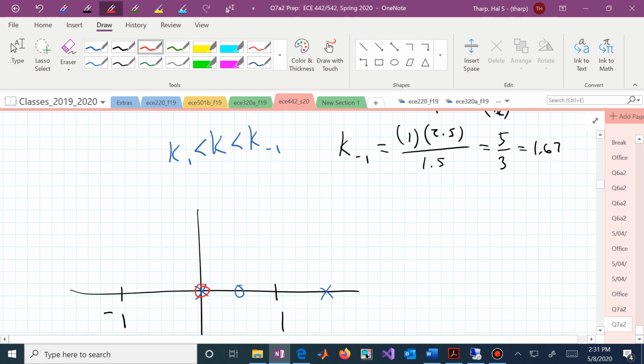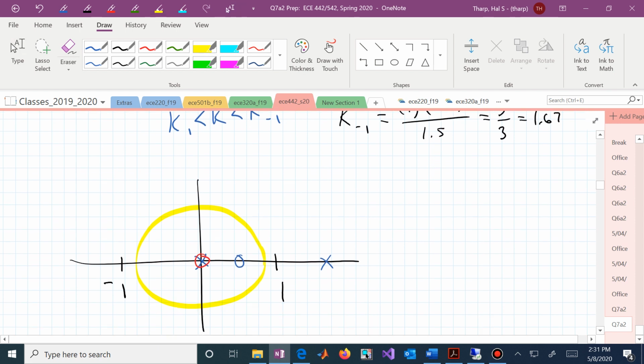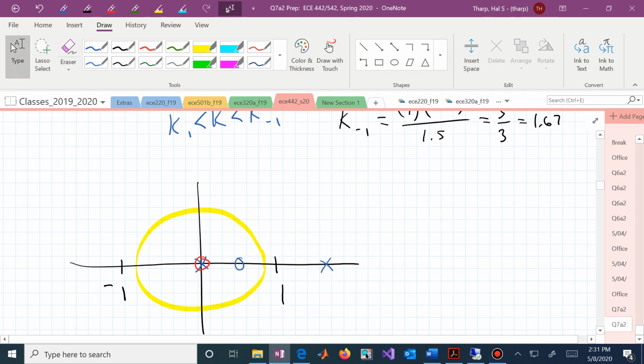We can cancel poles and zeros that are inside the unit circle, and usually we want them to be within a fair distance within the unit circle. So now let's say, okay, we're going to be okay as long as we're canceling poles and zeros here. We just don't want to be teasing that stability boundary with our pole zero cancellations.